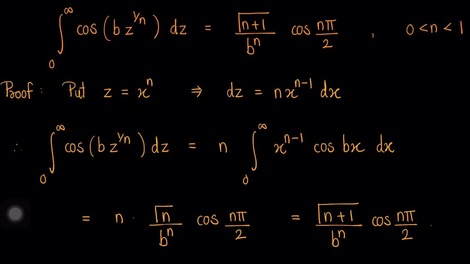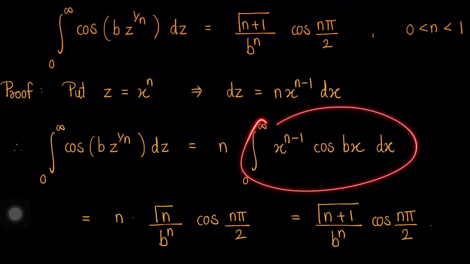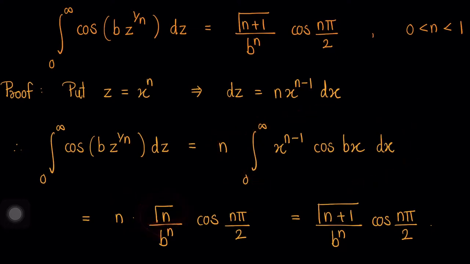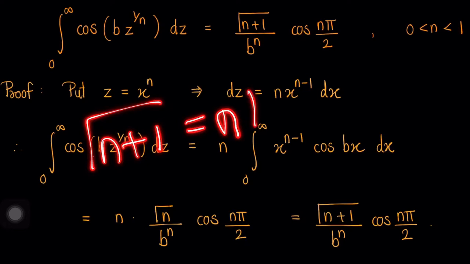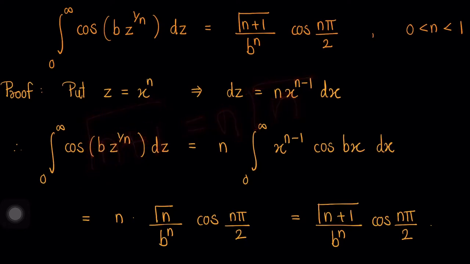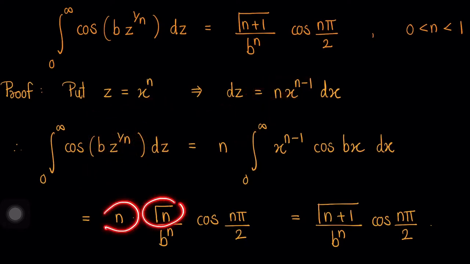So the value of this integration is equal to this n as it is, times gamma n upon b raised to n cos of n pi by 2. Now n into gamma n is equal to gamma n plus 1, since gamma n plus 1 is equal to n into gamma n. So we have replaced this n gamma n by gamma n plus 1.